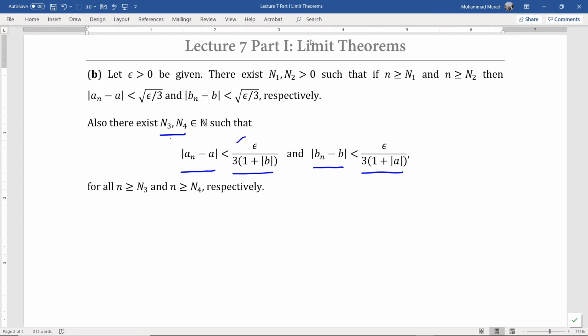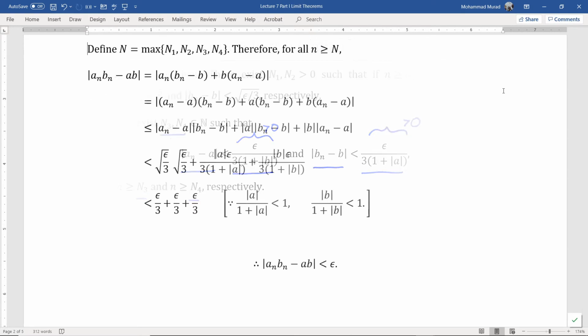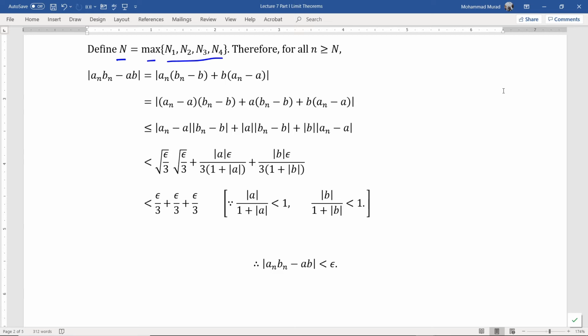Notice these two quantities are positive, for all indices greater than or equal to n sub 3 and for all indices greater than or equal to n sub 4, respectively. Now we define a positive integer capital N such that it is the maximum of all those four positive integers n sub 1, n sub 2, n sub 3, and n sub 4.